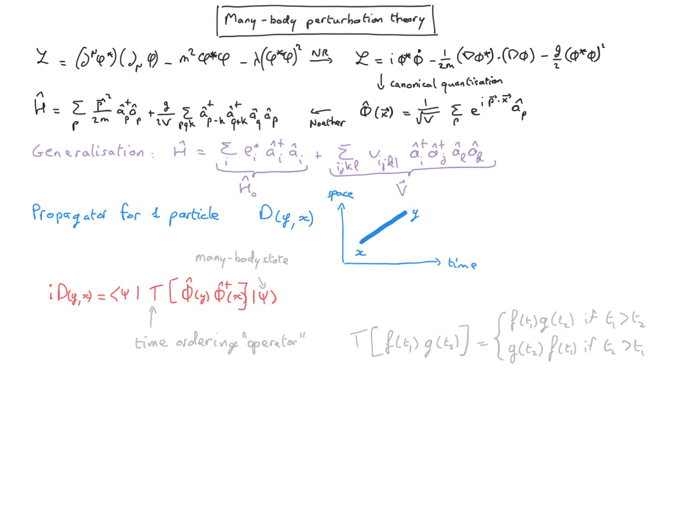But interestingly, if y is before x, then that will reverse this order, and we will have an action of phi first and phi dagger later. So we will first annihilate and then we will create.